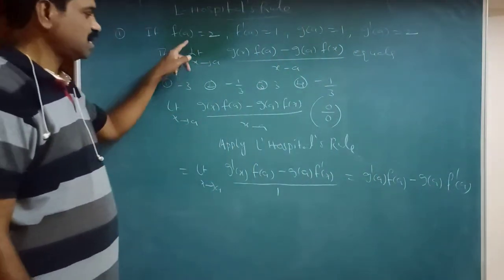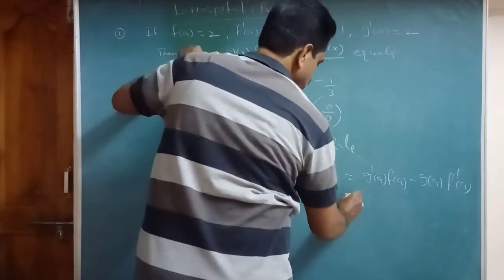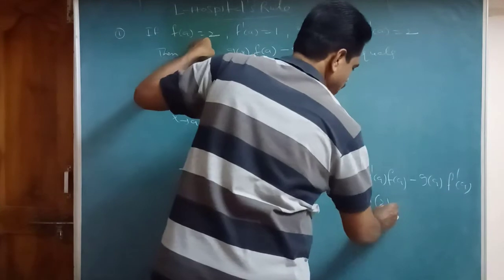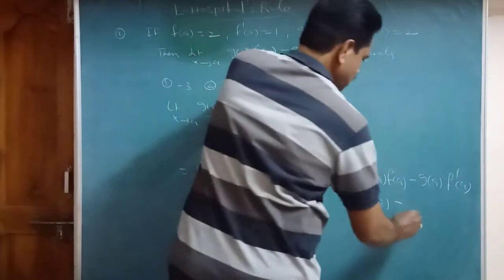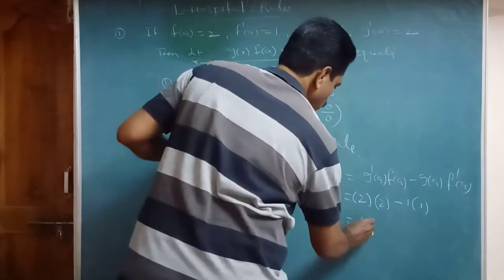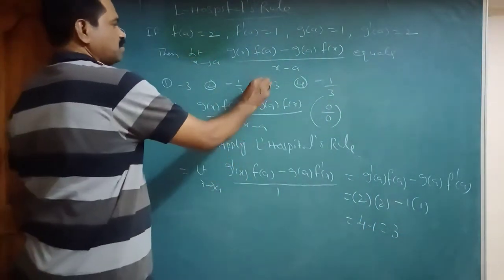Now substitute f of a value, g dash a value here. So g dash a is 2 and f of a value is 2, minus g of a value is 1 and f dash a value is 1. So this is 4 minus 1. It is how much here? 3. So third option is correct.